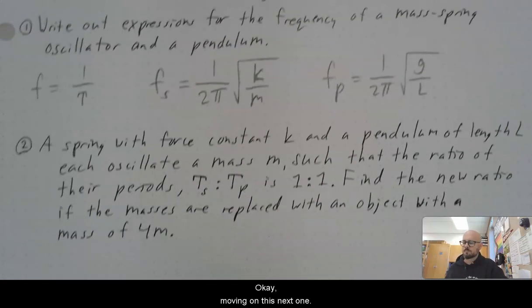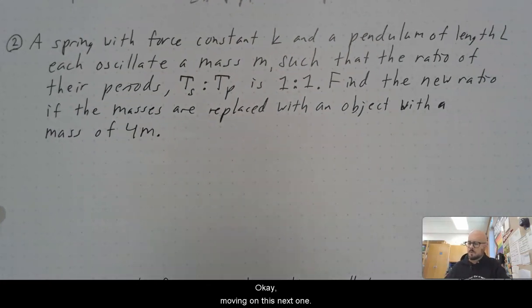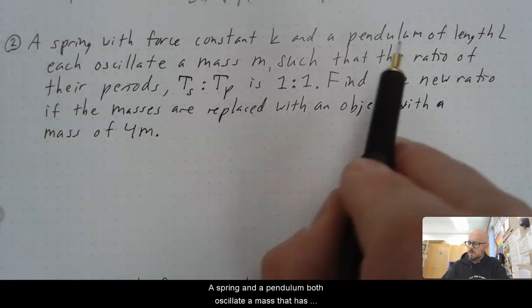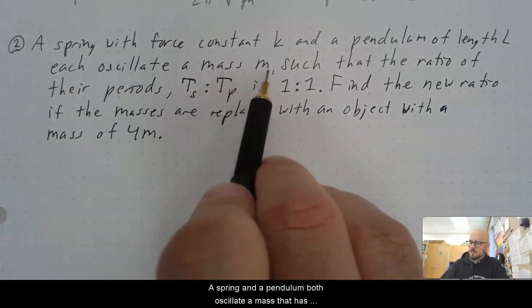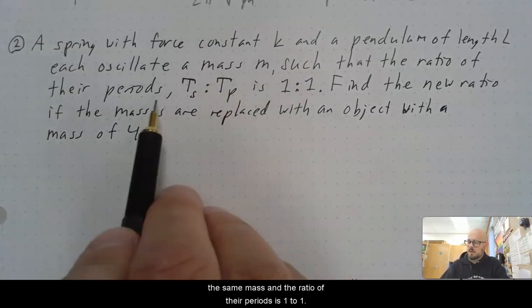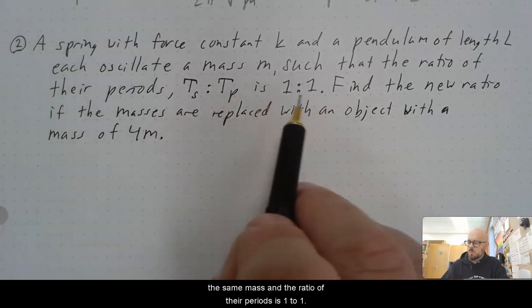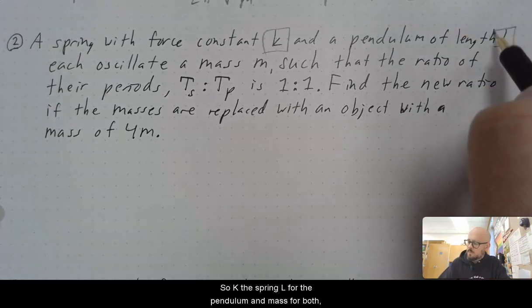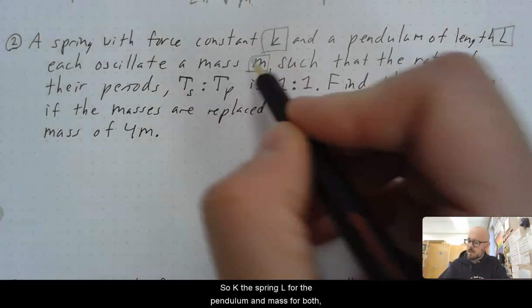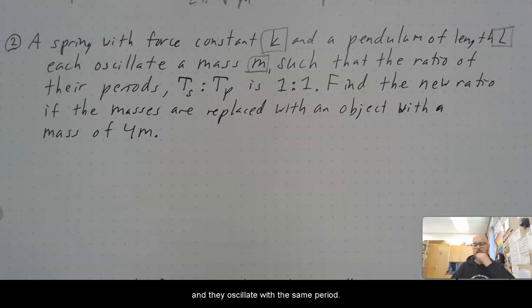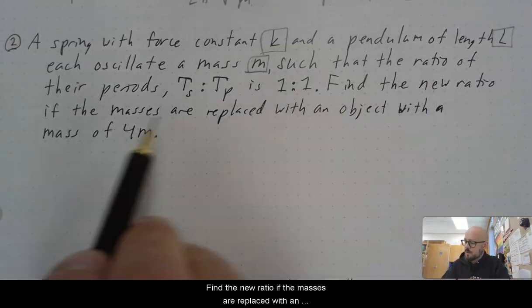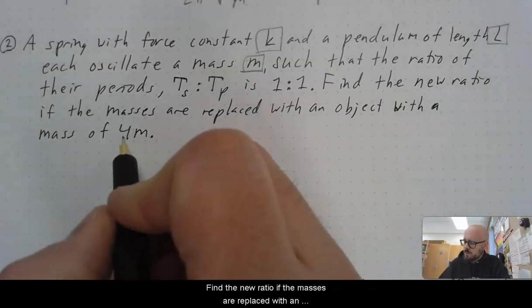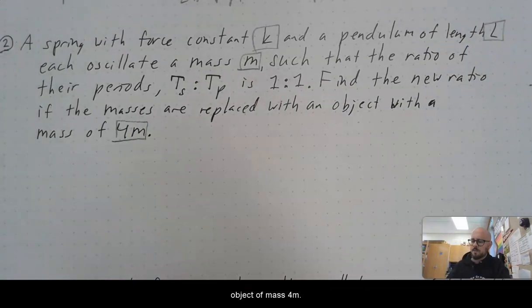Okay, moving on. This next one. A spring and a pendulum both oscillate a mass that has the same mass, and the ratio of their periods is 1 to 1. So k for the spring, L for the pendulum, and mass m for both, and they oscillate with the same period. Find the new ratio if the masses are replaced with an object of mass 4m.